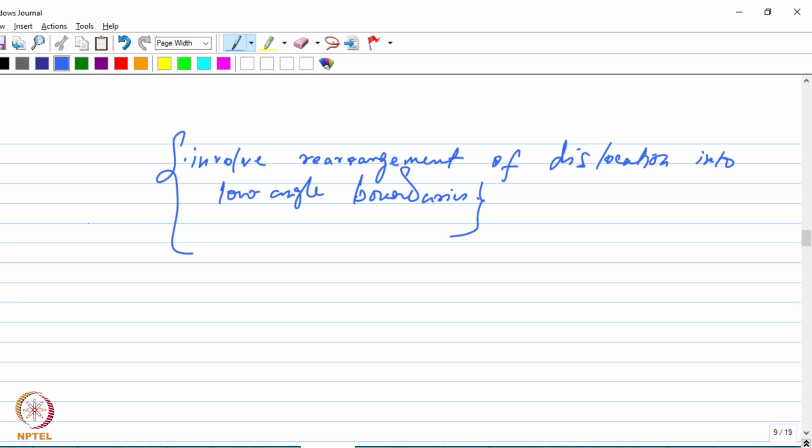Therefore, CDRX will be more prevalent in materials having high stacking fault energy, because here you need the cross slip and climb motion of dislocations for them to come and join these boundaries for this to be converted into high angle grain boundaries.